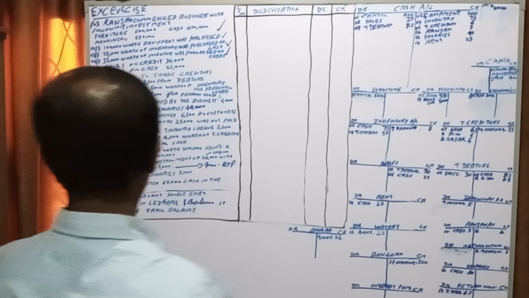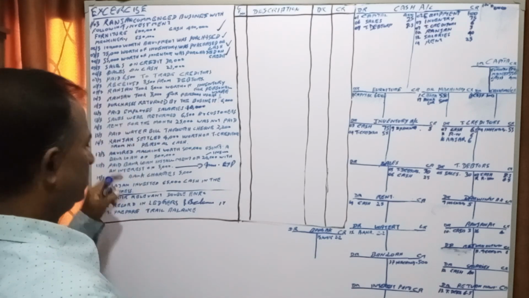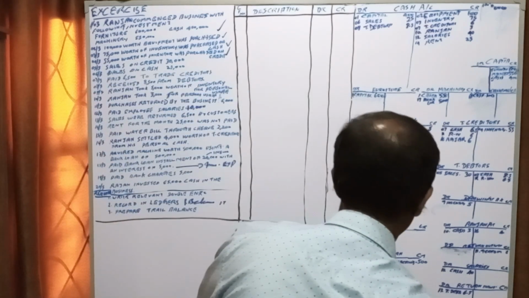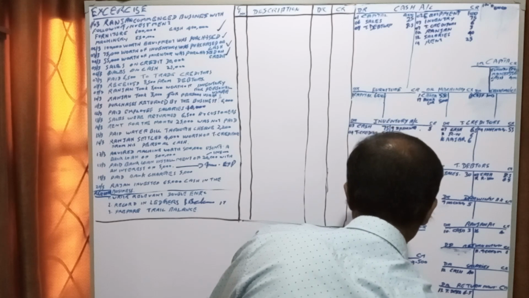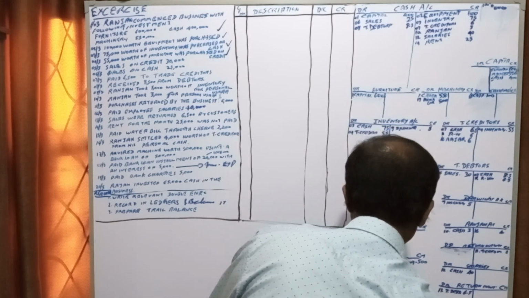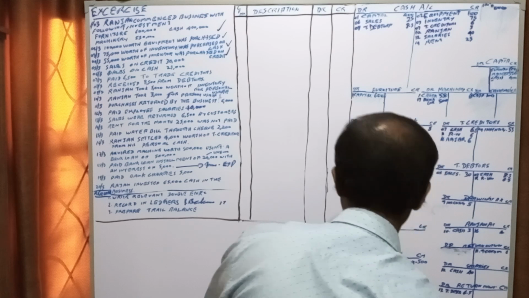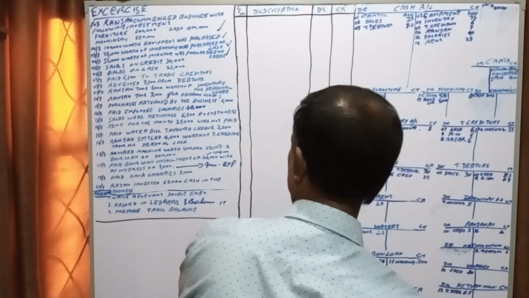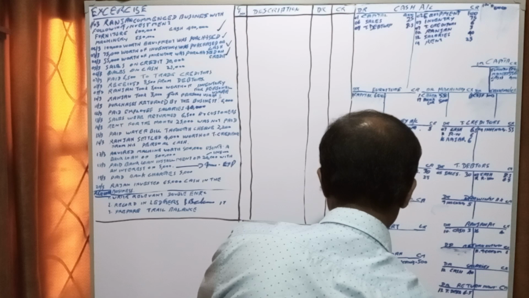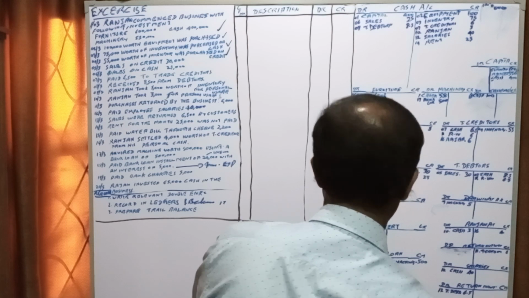The 24,000 installment paid, then bank loan debit 24,000, 18th adjustment, right?